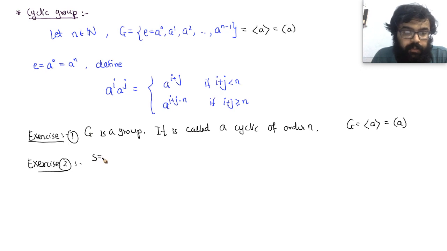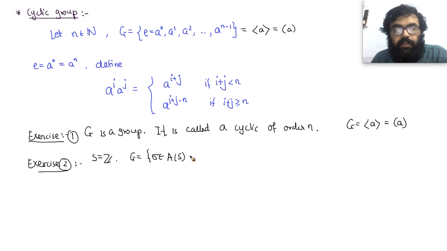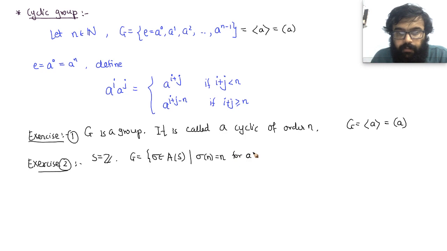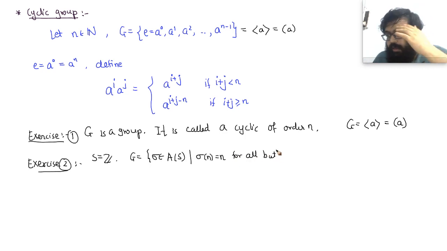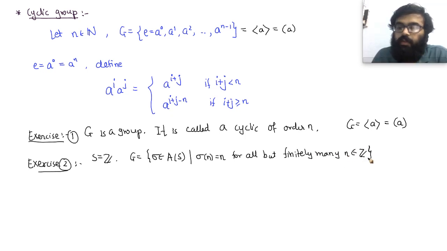Consider S equal to the set of integers Z, and let G be a subset of A_S consisting of all sigma in A_S such that sigma of n equals n for all but finitely many n in Z. What does this mean?